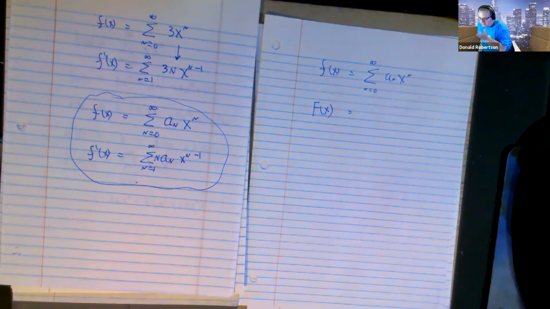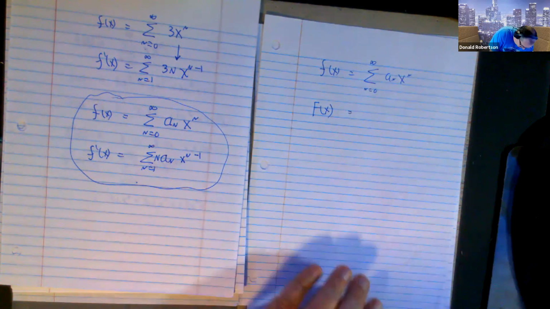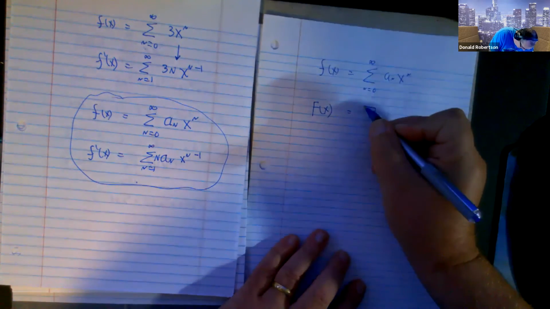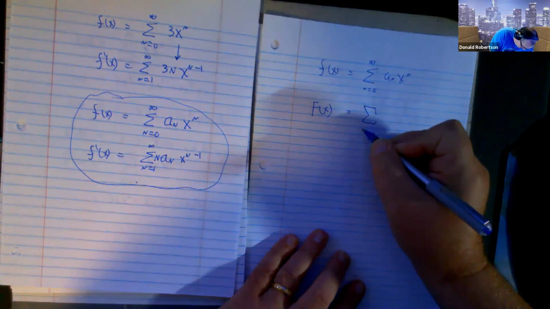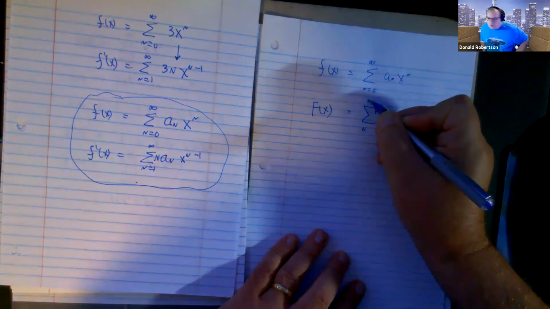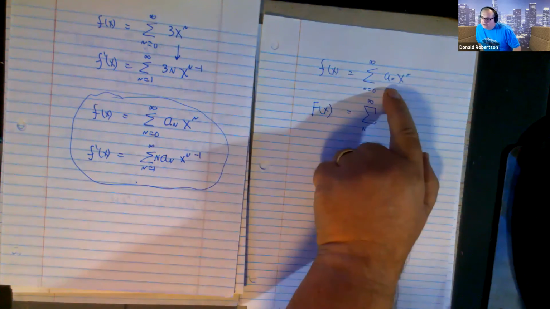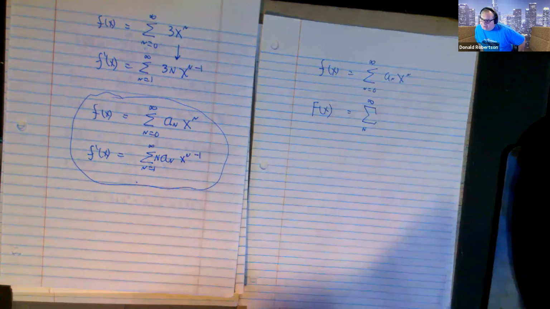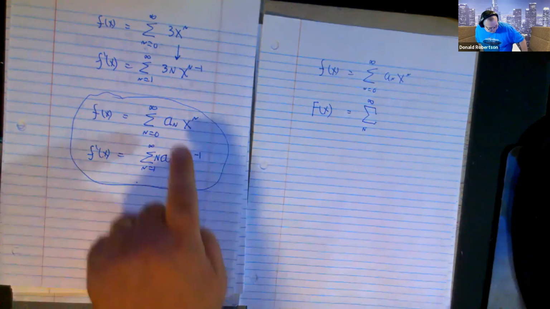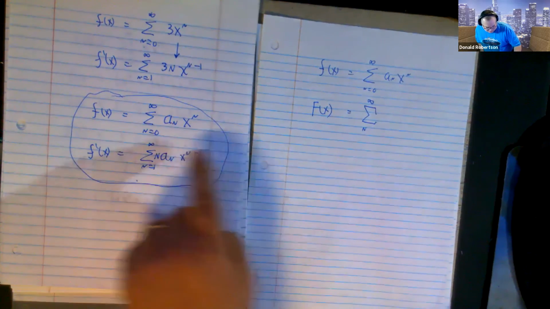And capital F of x is notation for antiderivative. So what, based on just what I have told you, what do you think the power series for an antiderivative would be if this is the original power series? Have a shot at it. What do you think you should do? Look at what you did here. Can I apply it?